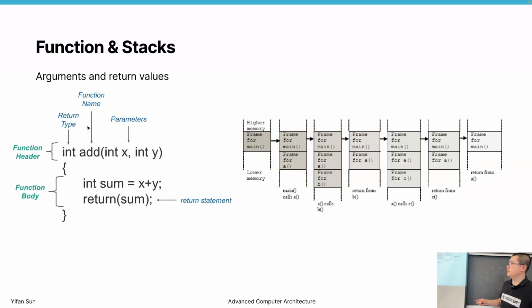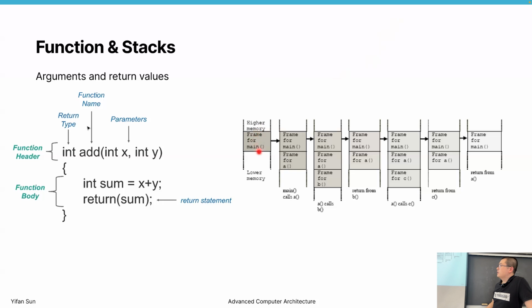I'm pretty sure you know this concept. Even if you just learned programming, like C++ or Python, you have learned this concept called stack. When we talk about algorithms, we draw the stack from bottom to up. When we talk about memory organization, we typically organize this stack from top to bottom.